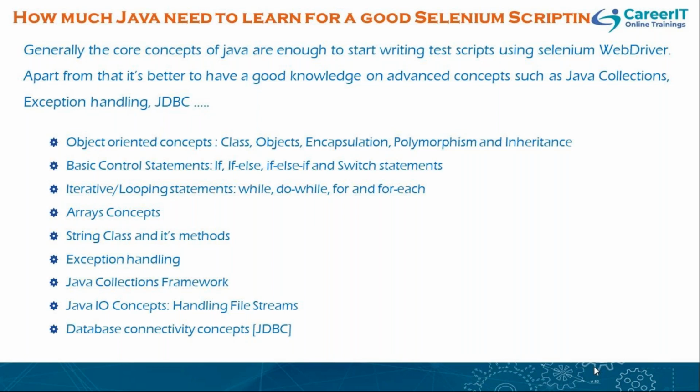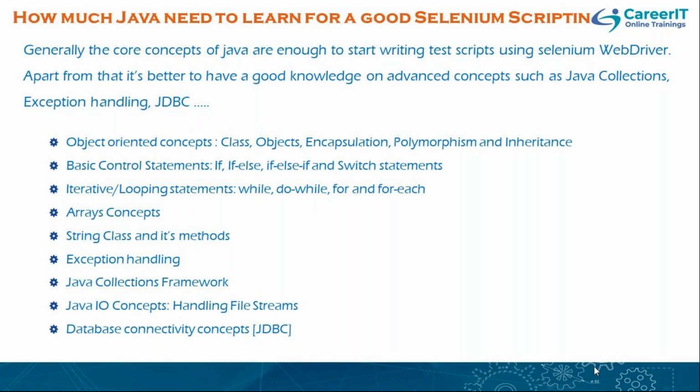We are using core Java as part of our Selenium to automate some features of the application where we need some language. Suppose I want to run something, I want to validate something, for that I need a programming language. That's where we are using Java as part of Selenium. But just remember, we are not going to develop any application here, we are not on the development side.